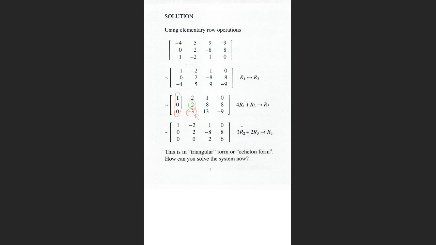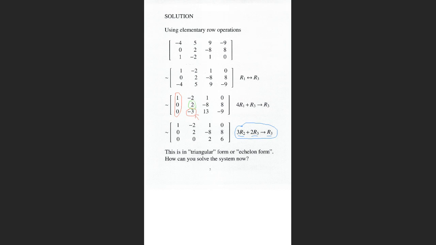If I take 3 times 2 and 2 times negative 3, I'll get 6 and negative 6. So I'm going to take 3 times the second equation, take 2 times the third equation, add them together, and that will be my new third equation.